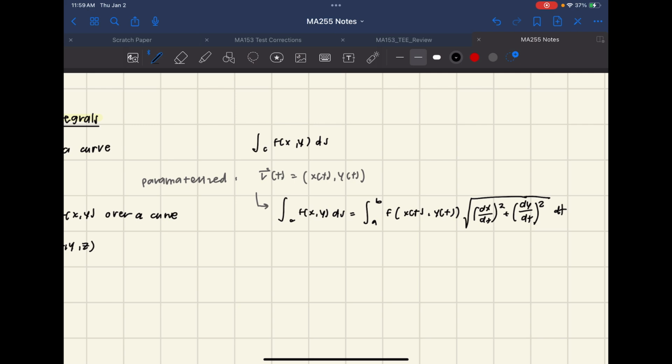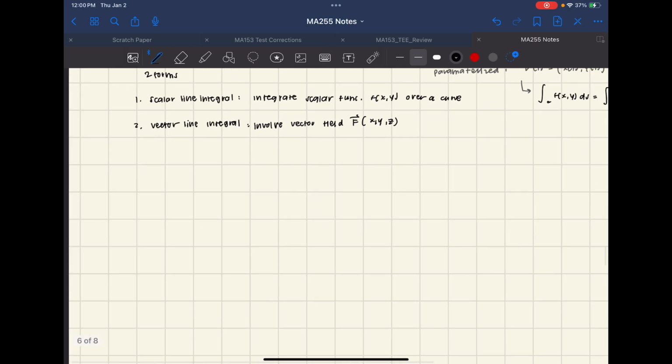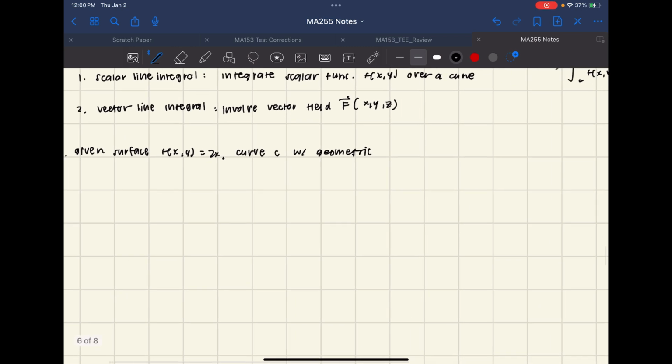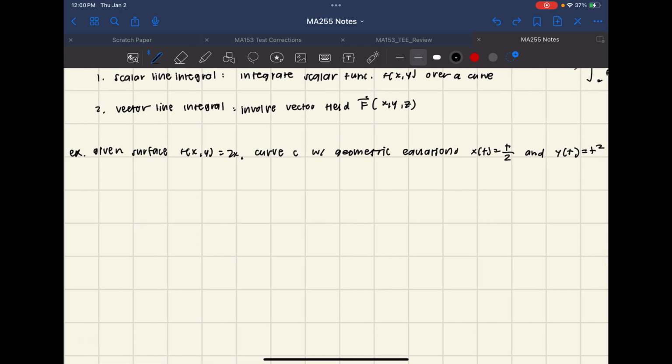Okay, so we're going to do an example of this. The question asks, given this function and curve C with parametric equations x(t) equals t over 2 and y(t) equals t squared, where t runs from 0 to 6.